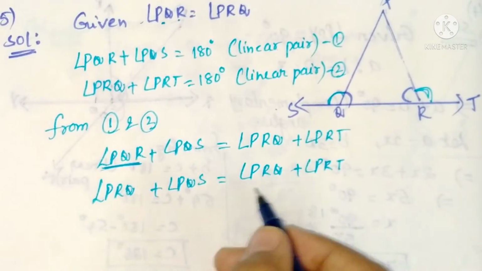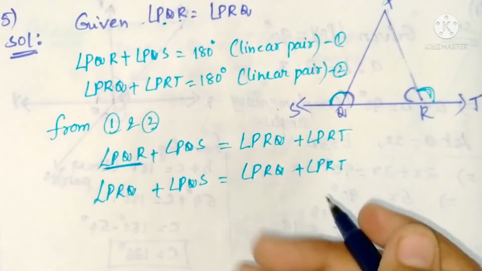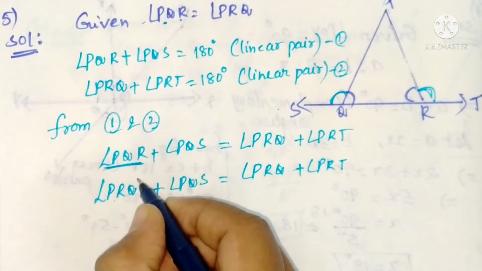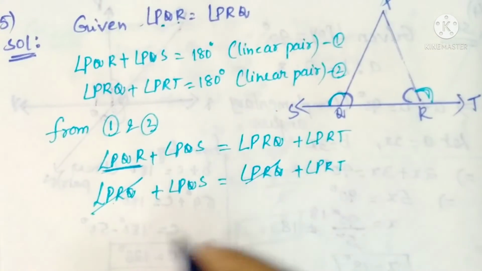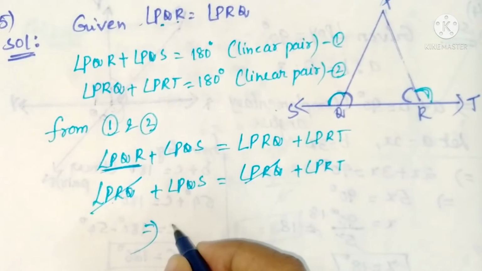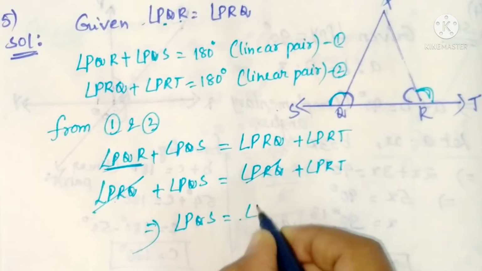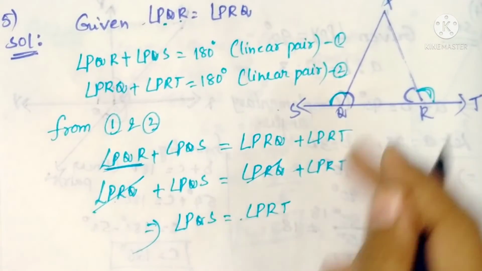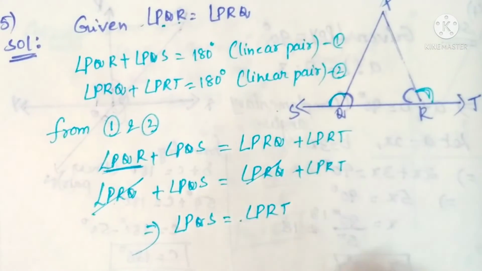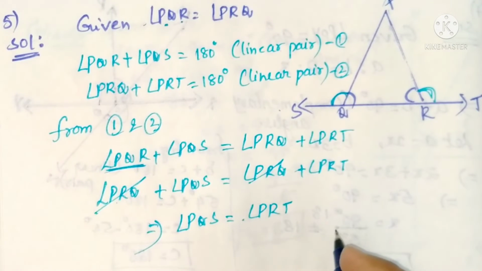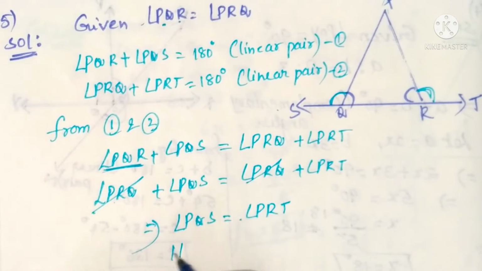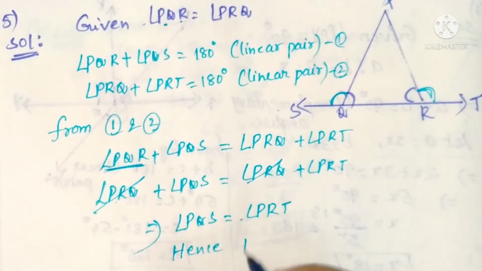Both sides have the same term. So if we subtract, we will get 0, no? So we can cancel them. So what are the remaining values? Angle PQS is equal to angle PRT. PQS, PRT. So this is what we have to prove. Okay. So hence proved.